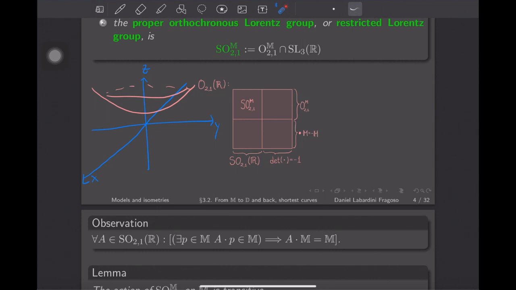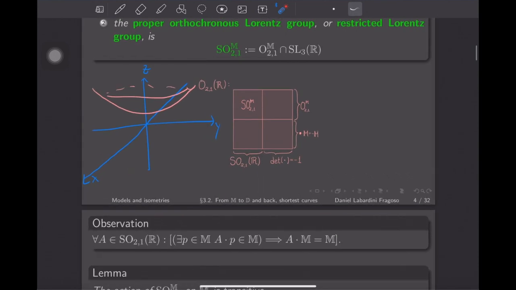This is very useful, because in order to know that a matrix here preserves the whole upper sheet of the hyperboloid, it suffices to show that it takes 1 point in the hyperboloid inside the hyperboloid upper sheet.